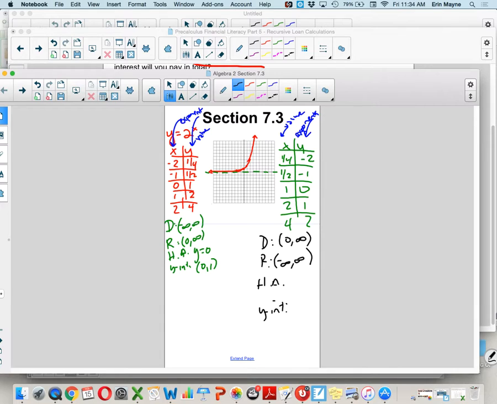What is my new y-intercept going to be? There isn't one, but doesn't (1, 0) or (0, 1) tell me something? Oh, it's (0, 1). (1, 0) isn't a y-intercept. It's now an x-intercept.